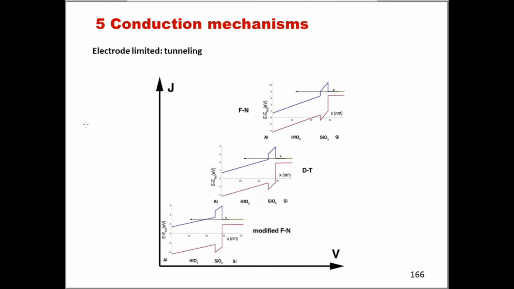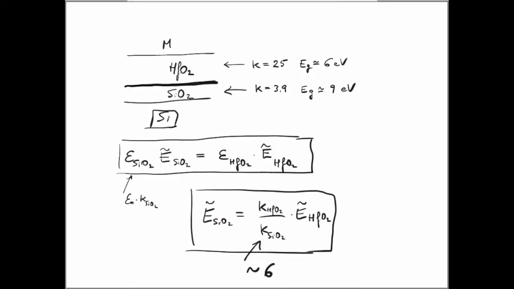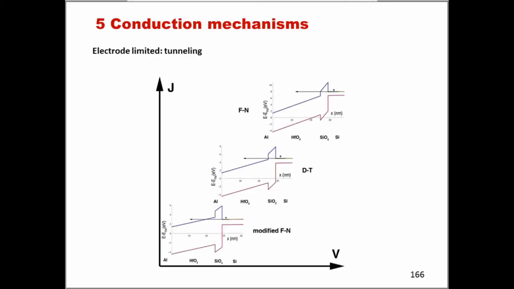So if I have my dielectric stack as the one that I've shown you here, so we have our metal, hafnium dioxide, and then silicon dioxide, and then finally the semiconductor. Then, as we start applying voltage, let us imagine obviously the voltage is applied to the metal gate in this case. So I should expect that initially the electrons should be only tunneling through the entire stack. So I should expect modified Fowler-Nordheim tunneling to be at play.